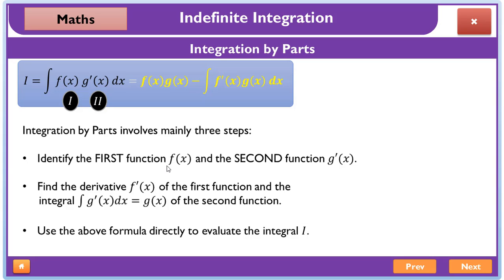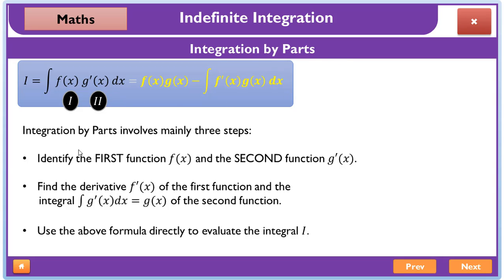Remember, a wrong choice will lead to a more complex integral which eventually becomes impractical or impossible to evaluate. So the right choice of the first function and the second function is the key to succeed in integration by parts problems.